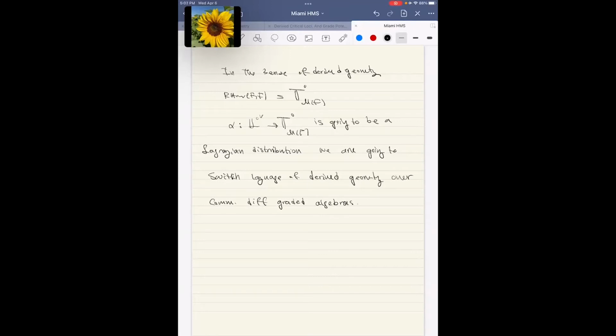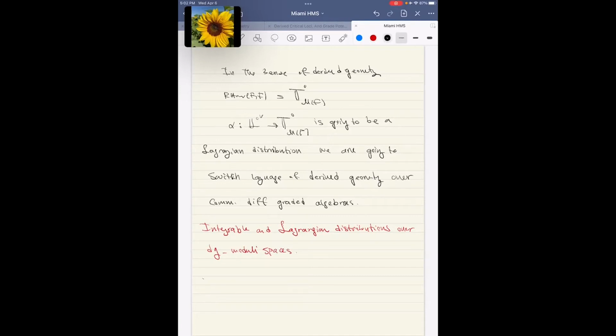So the first topic is, let me define for you integrable and Lagrangian distributions over DG moduli spaces, over differentially graded moduli spaces.